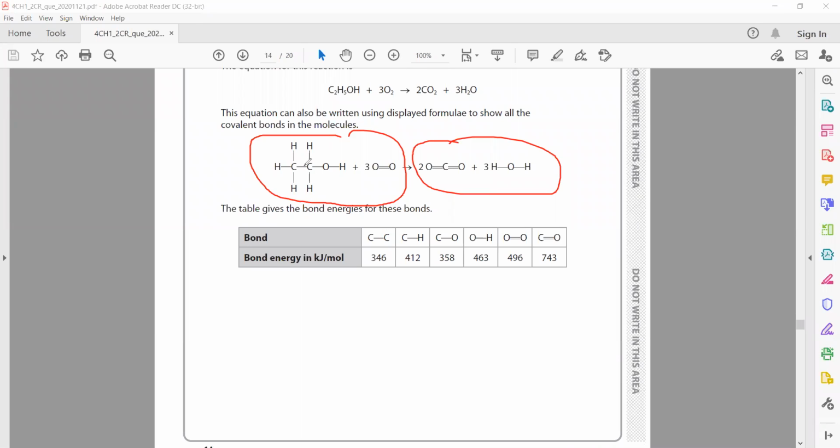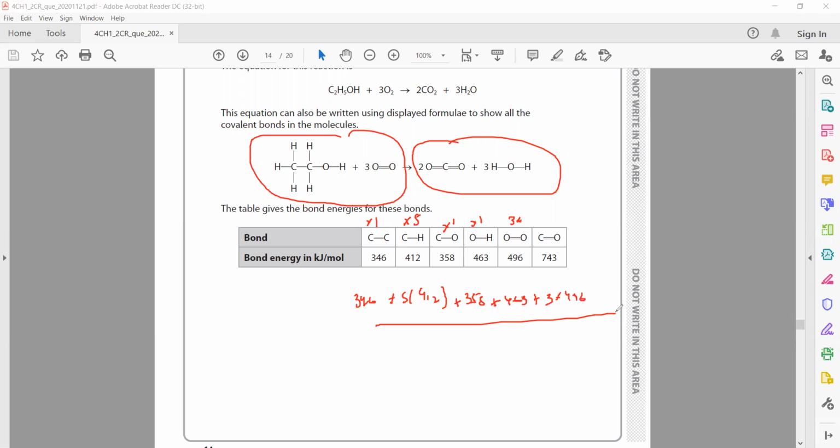So 1, 2, 3, 4, 5, there are 5 CH bonds, so this should be multiplied by 5. One CC bond is there, one CO bond is there, one OH bond is there, and 3 O double bond with O. So this will be 346 plus 5 into 412 plus 358 plus 463 plus 3 into 496.